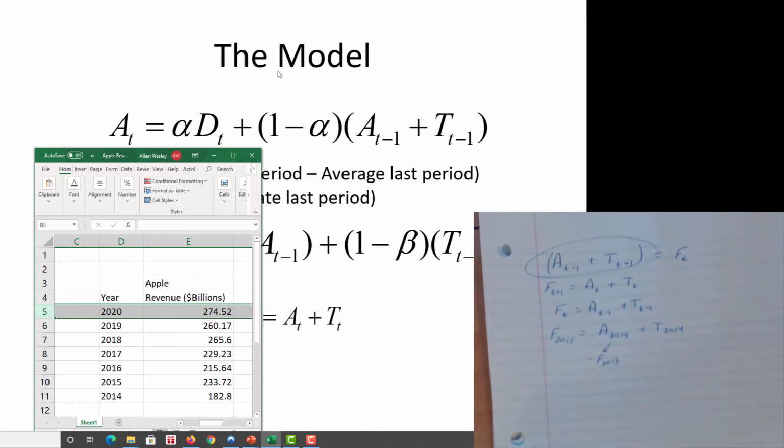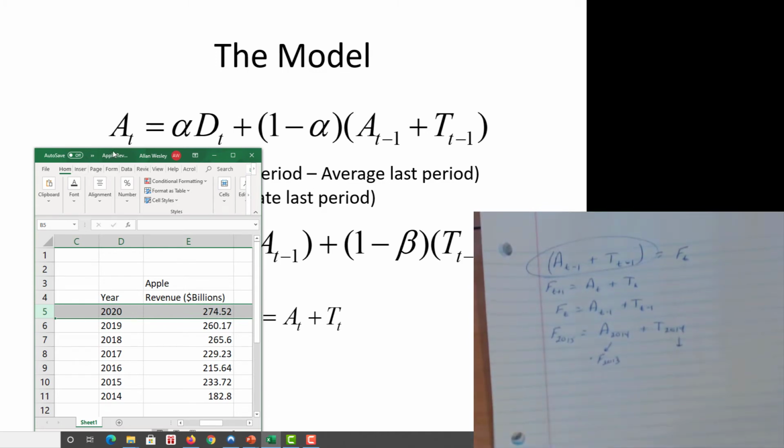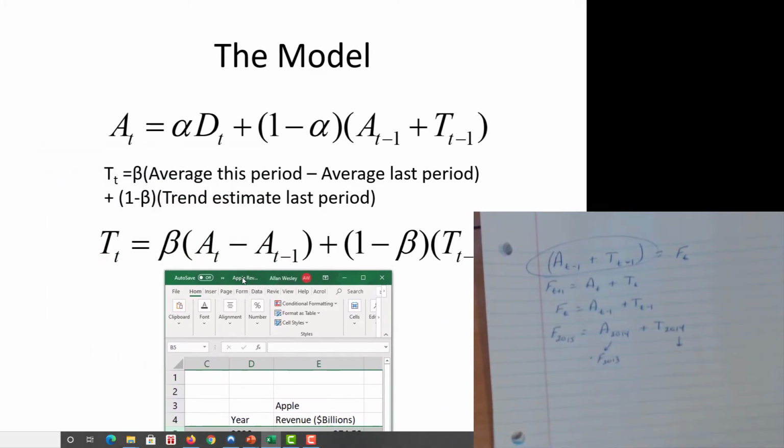I'm just looking at my formula here. And the trend itself will also depend on an average from 2014 and an average from 2013. Okay, so that's a little tricky here because I don't have that 2013 data.